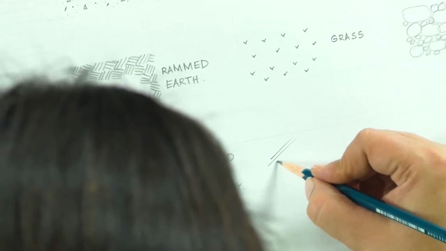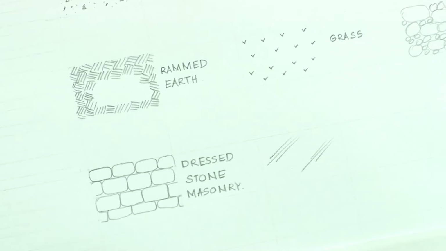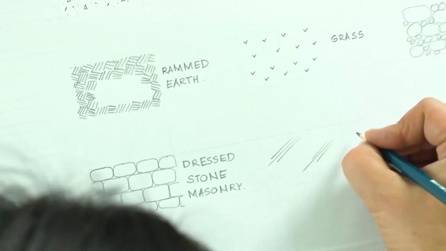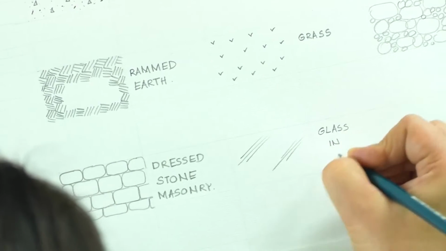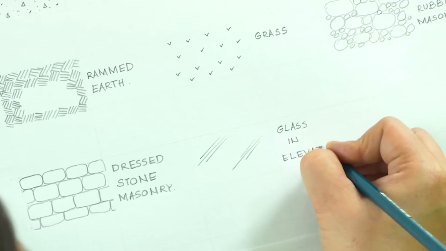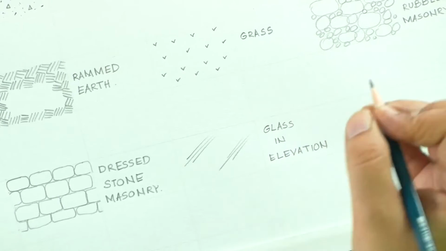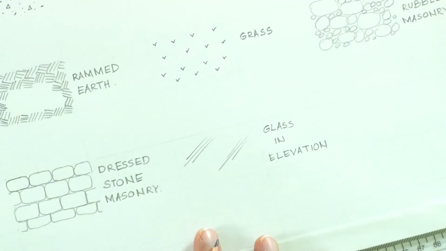So, we just have a plain surface and we will make 3 lines, freehand parallel lines, which represent the reflection. This is glass in elevation. All these graphic symbols which we are using are standard, and they are used like this, especially in India.